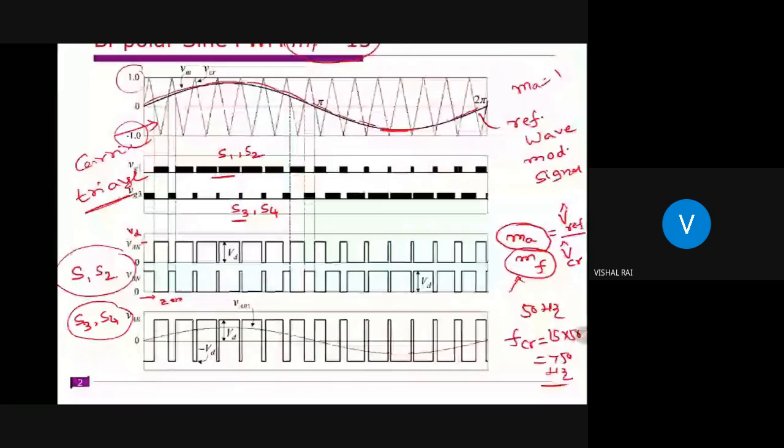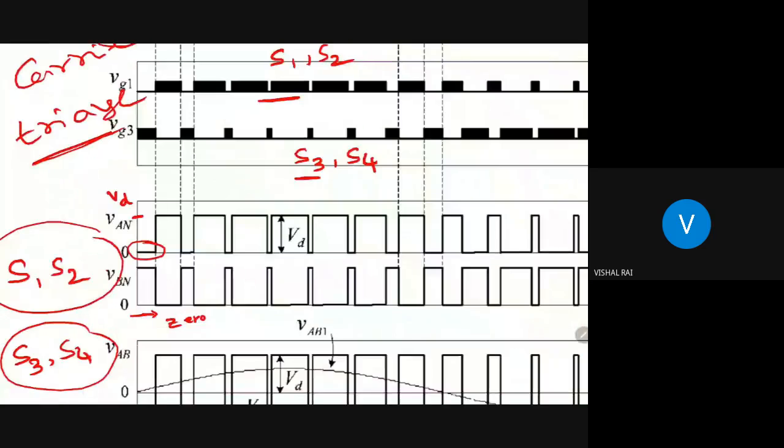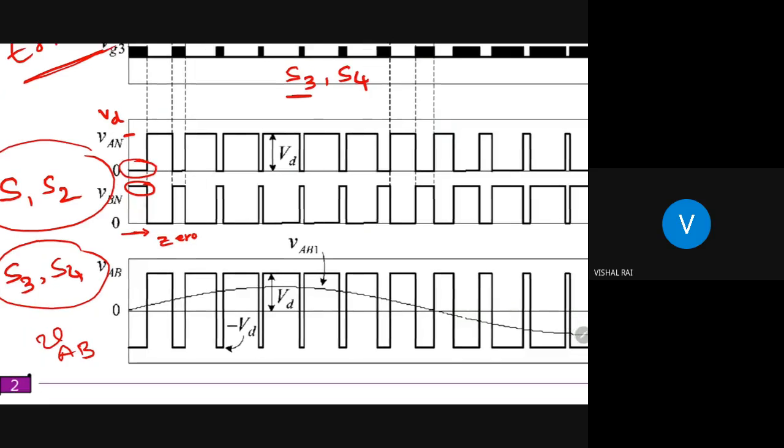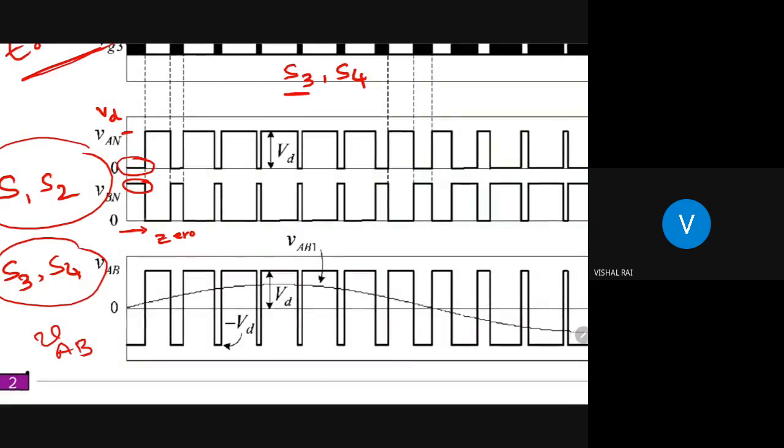If you want to calculate VAB, VAB is the difference between VAN and VBN. Here this value is 0, but at the same time its value is plus VD. So the difference is VAN minus VBN: VAN is 0 and VBN is VD, so overall voltage is minus VD.